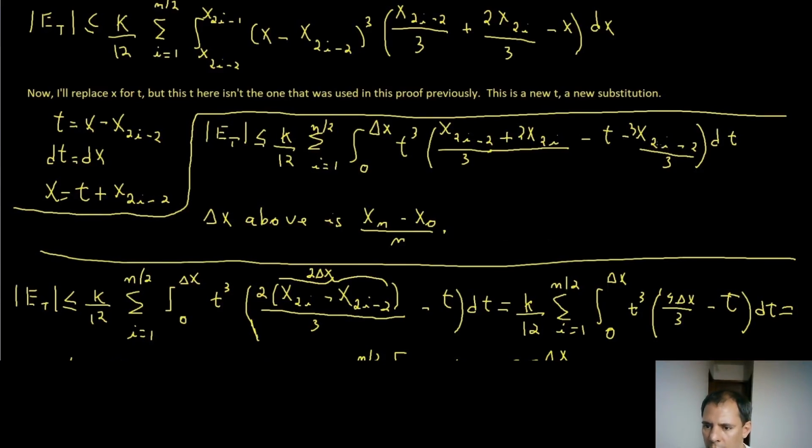You have a minus 3 x sub 2i minus 2, and you got an x minus x sub 2i minus 2, so this is going to be a minus 2 x sub 2i minus 2. Yeah, it's minus 2 x sub 2i minus 2 plus 2 x sub 2i.